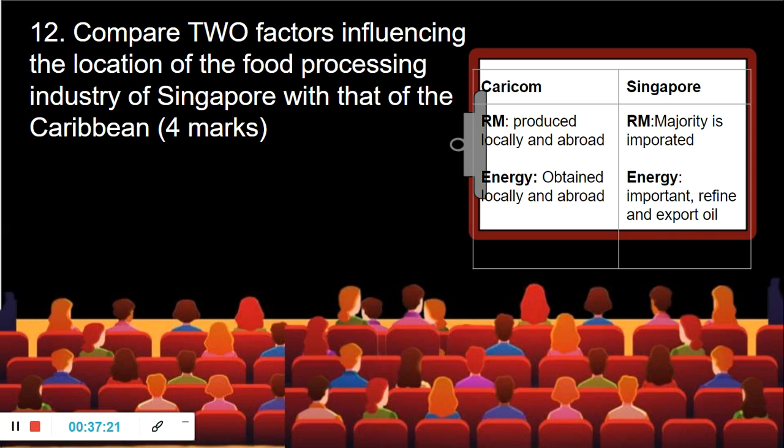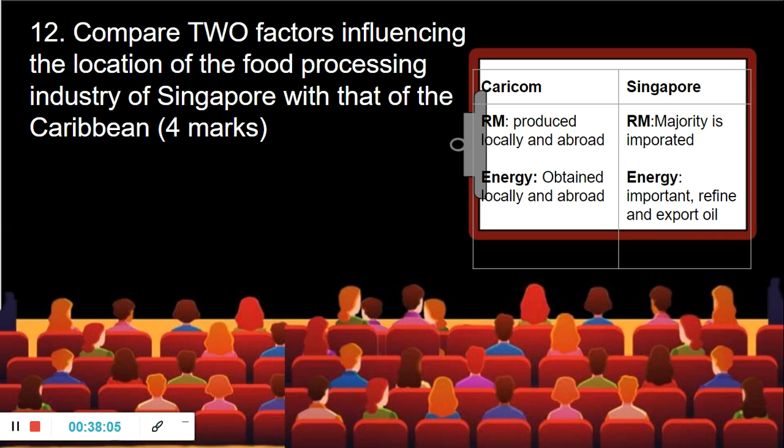But the difference between the two is that even though the Caribbean imports raw material, they generally have a well-established agricultural sector so that a large amount of the raw materials that are used in the food processing industry still comes from the agricultural sector. For Singapore, most of the raw material that they use in the food processing industry actually comes from abroad.